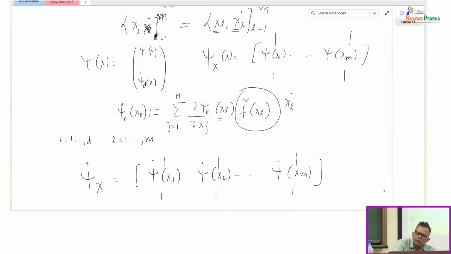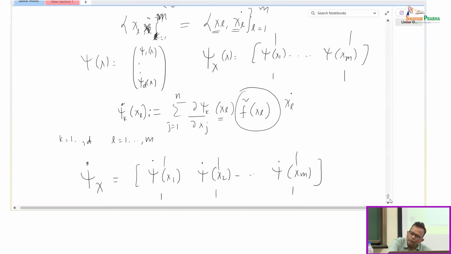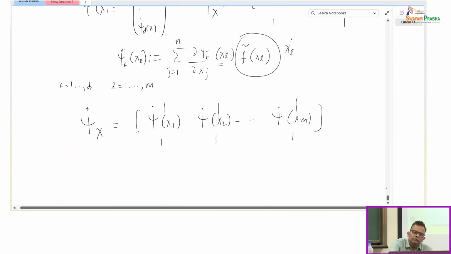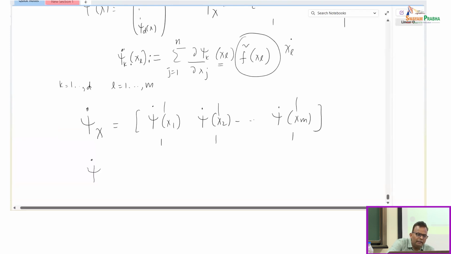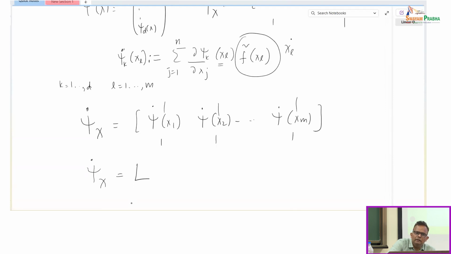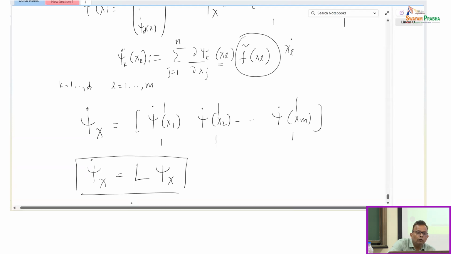So once I get psi k dot, I can now construct this big psi dot of x as psi dot of x1, which is a vector along each of the basis functions. Now I have this. So basically what I want is to find a generator which explains this matrix. We use L for the generator. Since we are doing the finite dimension, let me just use capital L instead of calligraphic L, where L is for the generator. L times psi of x. So this is what you want to solve for.